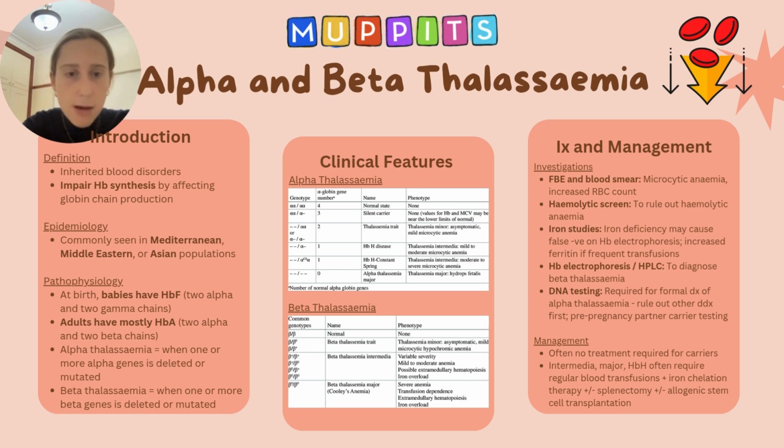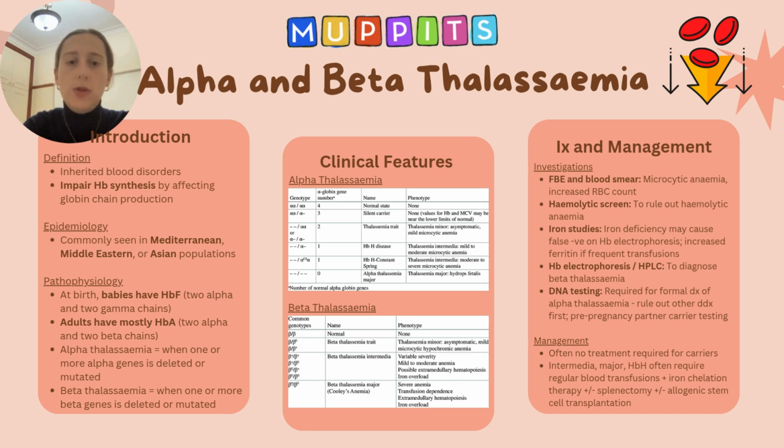It can be a mild to moderate anemic picture, but you might also get a bit of extramedullary hematopoiesis to help make up extra hemoglobin, and you might get some iron overload as a result.